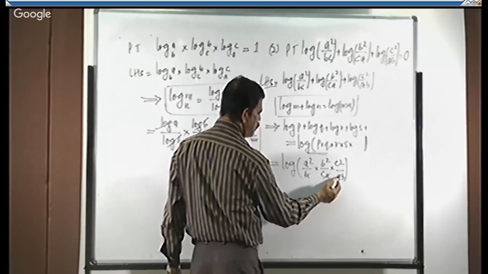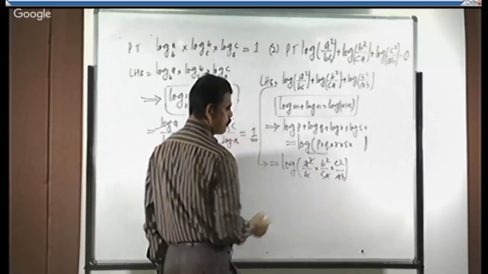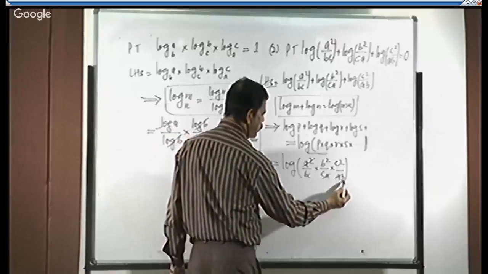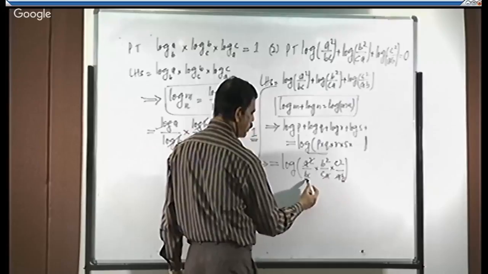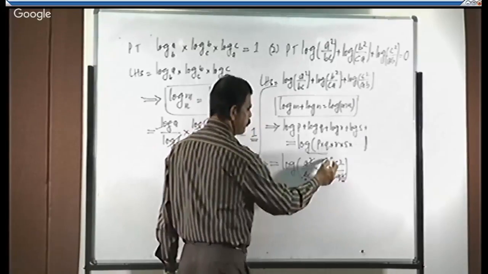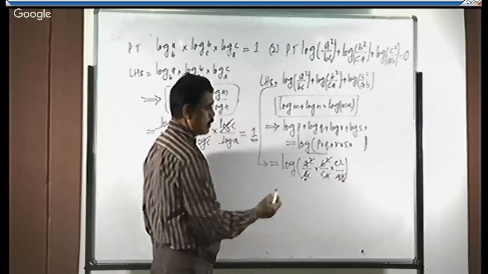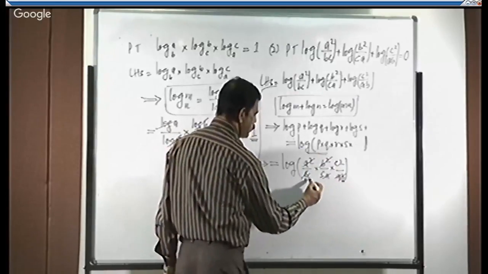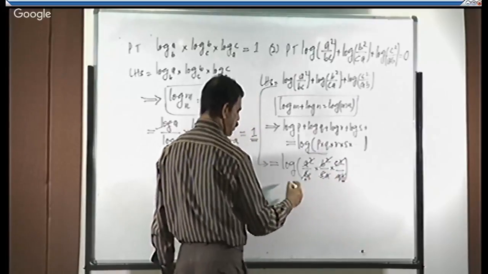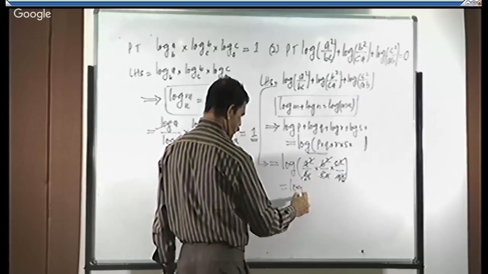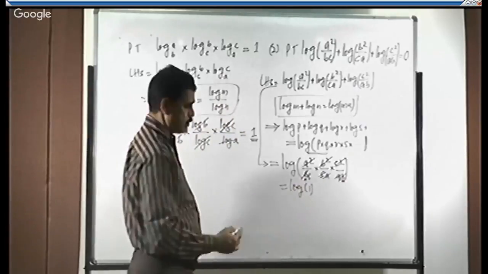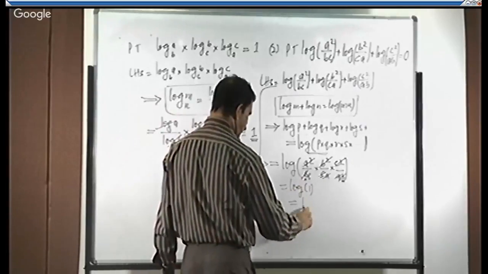A into a square cancels. See the denominator: this is b, and this is also b. Both are in the denominators. This b into b becomes b square and gets cancelled. And this is c and this is c. C into c, c square cancels. What is remaining? It is log of 1. Log 1 is always 0.